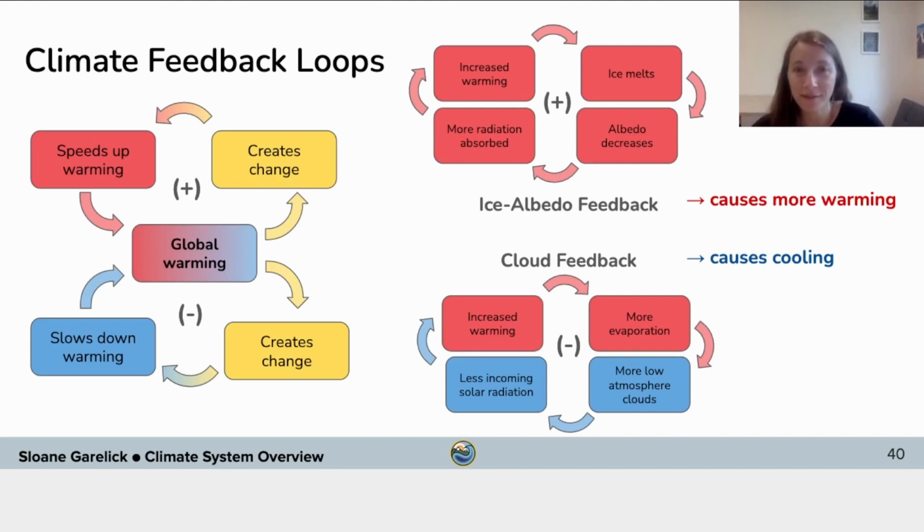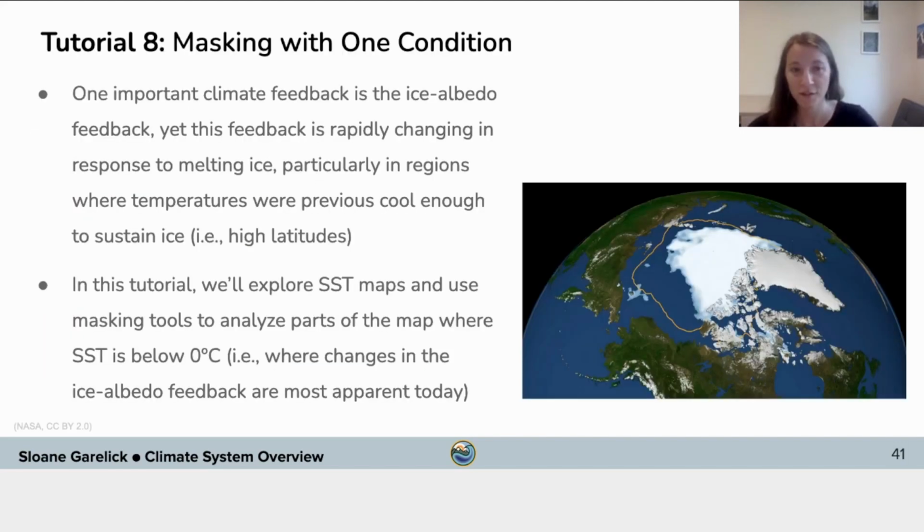And the influence of the ice albedo feedback on regions with annual ice is something that we'll start to explore in this tutorial. Regions on Earth where temperatures are cold enough to sustain annual sea ice are in the high latitudes. But this region is changing significantly with global warming, as we just discussed with how the ice albedo feedback is changing.